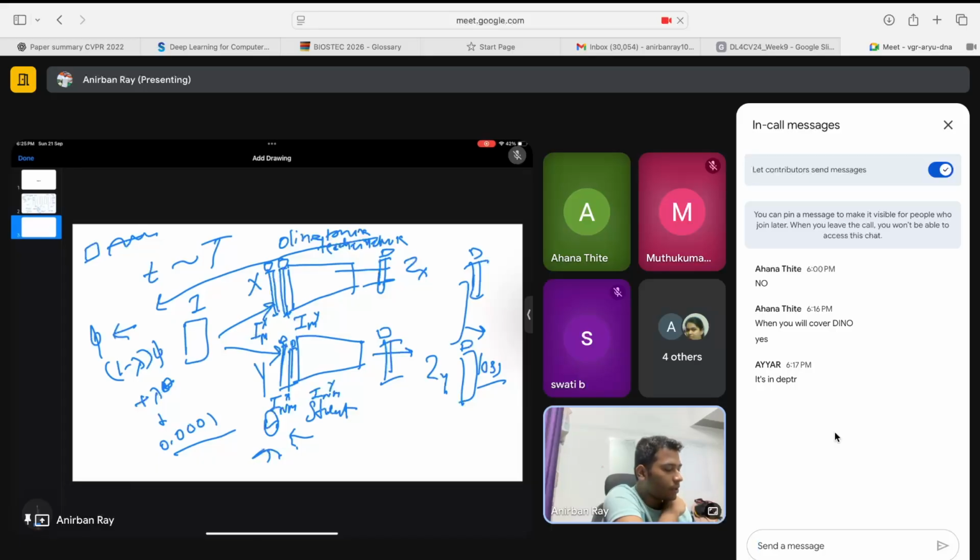So output is in token space, and first what you do: these are the two representations. One is output from the teacher network, one is output from the student network. So this is for let's say image X, and this is for Y. Hope you got it.